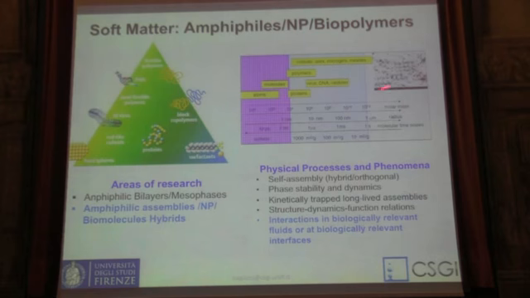Basically, we are working with soft matter, and in soft matter there's the so-called soft matter triangle. You can design the systems that belong to soft matter by drawing a triangle like that and putting at the edges the most important systems you can use, and in between are related systems.